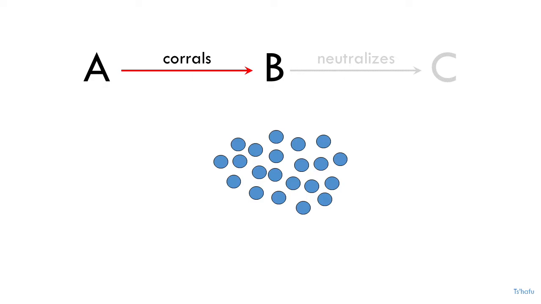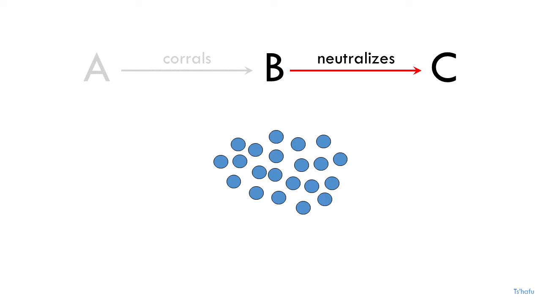Now let's move to the second part, saying that B neutralizes C. But what does that mean? It is saying that B, when it's in its corral state, is able to mute, to render C obsolete or prevent C from doing what it wants to do. Now the crucial thing is this.